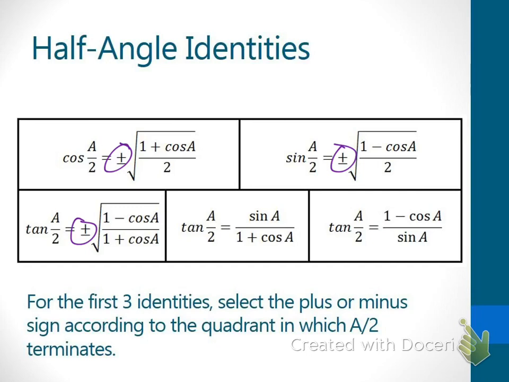Whether those cosine, sine, or tangent values are positive or negative completely depends on what quadrant you're in, and it's all based on the quadrant for the half angle, so the angle cut in half, where that angle terminates, okay?